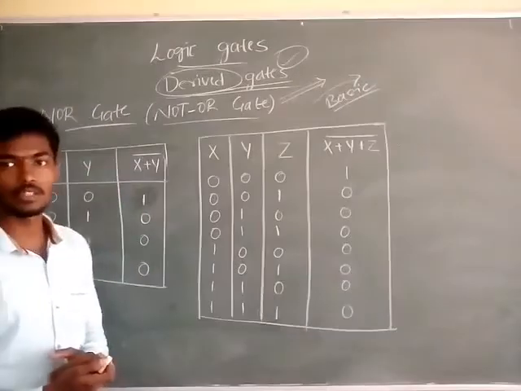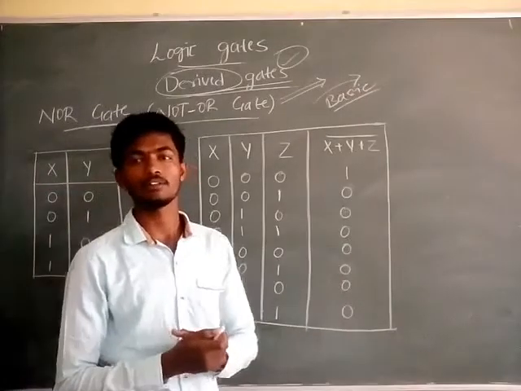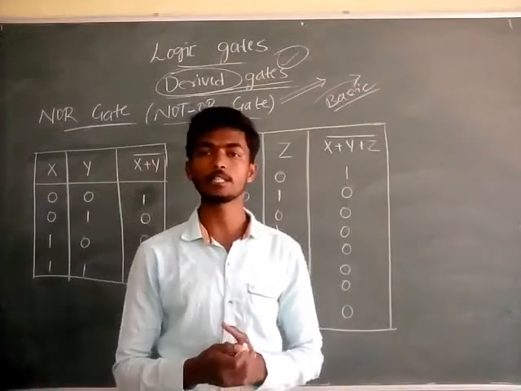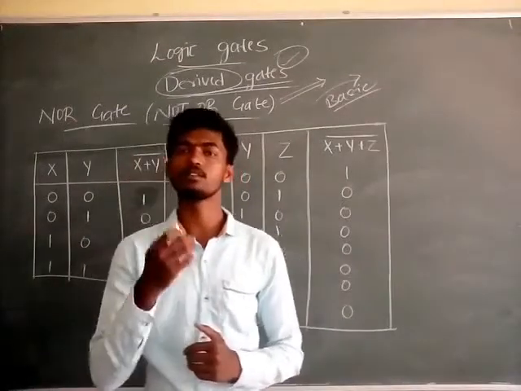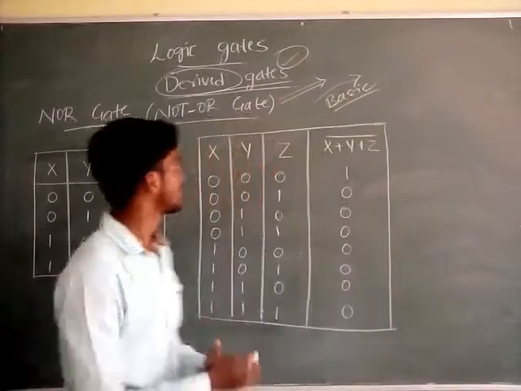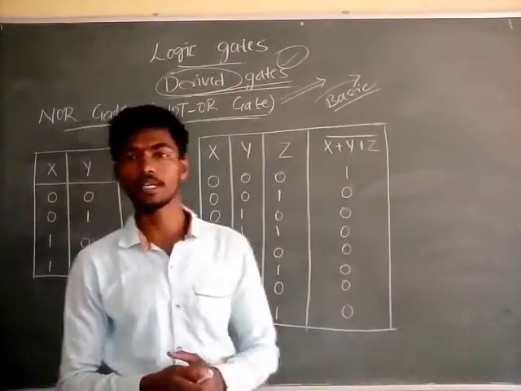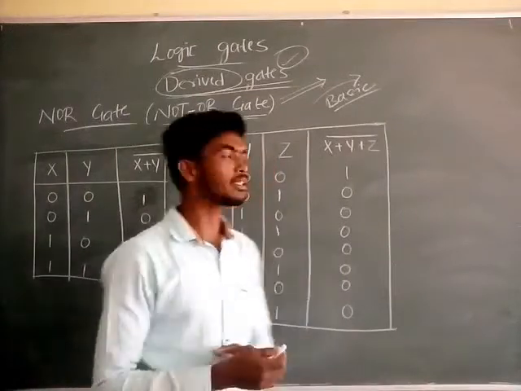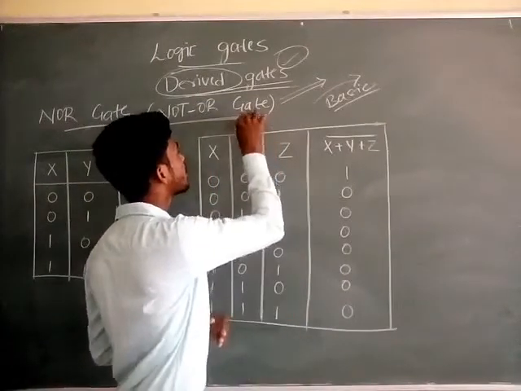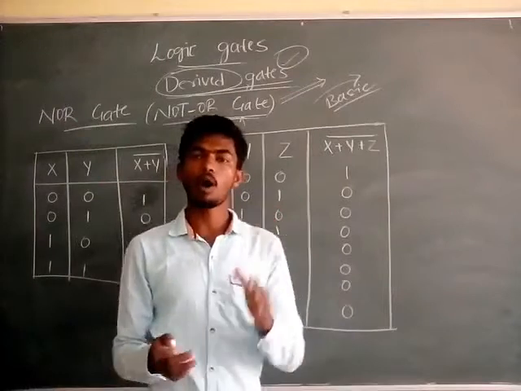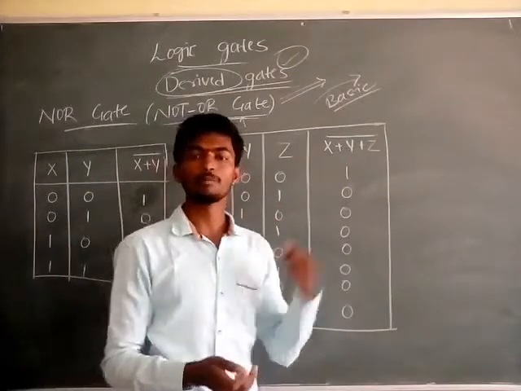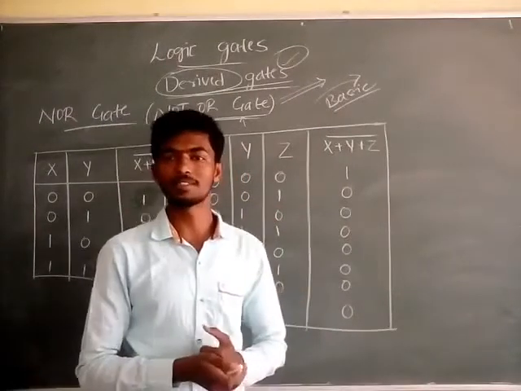NOR gate. The first derived gate is the NOR gate, which is the combination of two basic gates, NOT and OR. It is also called a NOT OR gate. The OR gate is preceded by the NOT gate, making a NOR gate.